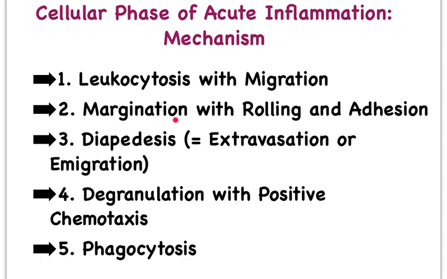They're going to do something called margination along blood vessels, rolling along the edge of the blood vessels, and then stick to the edge of the blood vessels, and then they can actually leave the blood vessels, go through the process of degranulation, release a bunch of their chemicals, and then attract via positive chemotaxis more and more white blood cells. And then we can see the process of phagocytosis occurring. So let's go through this a little slower now.